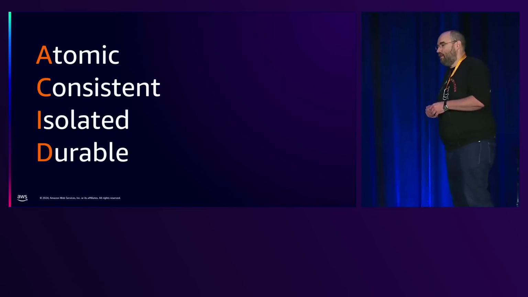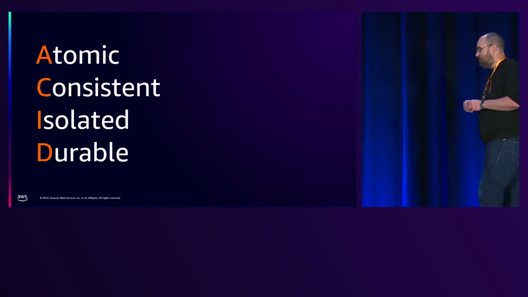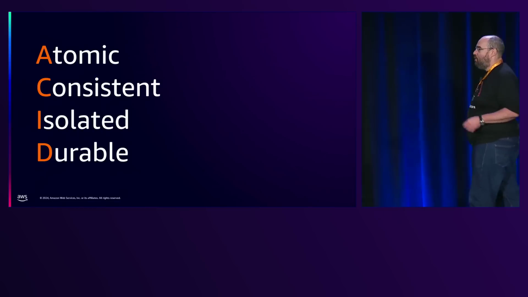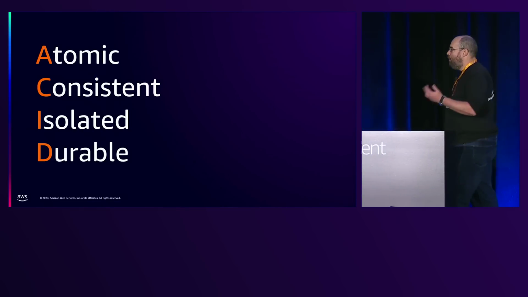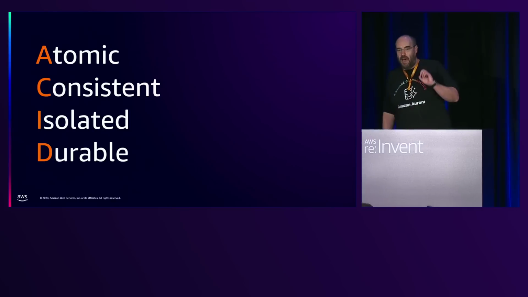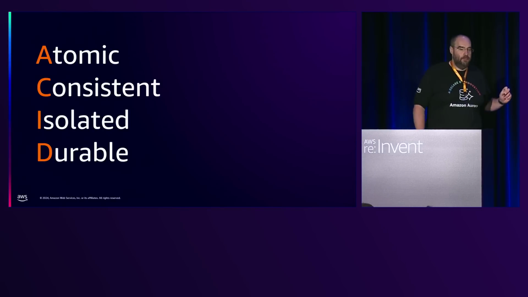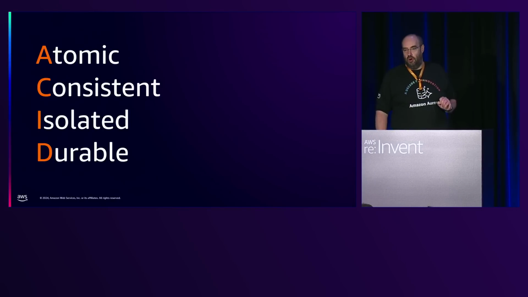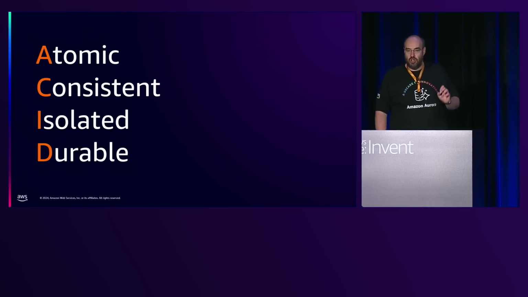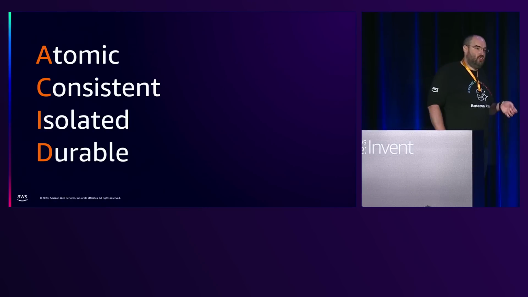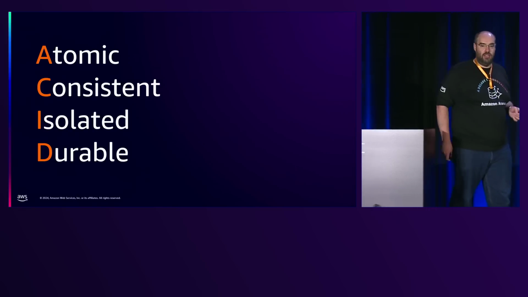I mean, this is an area that's been ongoing database research for 60 years. And we're going to talk about our take on isolation and why we think it's the right one over the course of the talk. And finally, and maybe most importantly, we want a database that is durable. That when that commit returns, you are sure that that data is durably written down. It's not going to disappear.